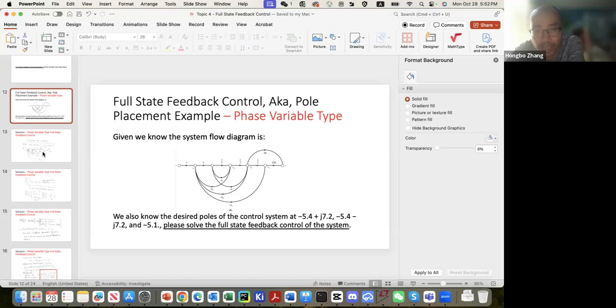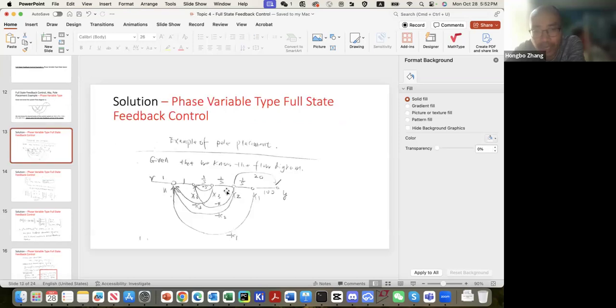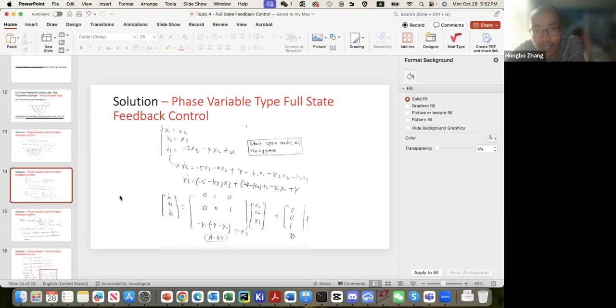So let's go through step by step. Again, we redraw this a little bit here. Good. So from S1, S2, S3, S3 dot, think of the U, and this one goes to here.